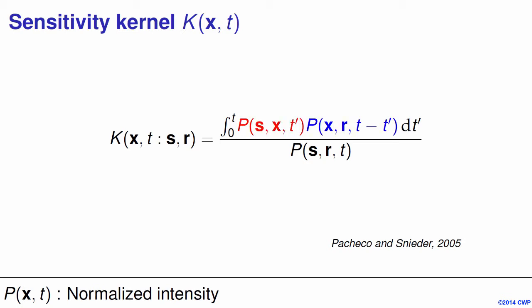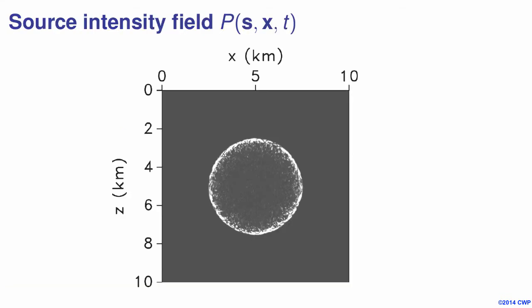It turns out that the numerator involves the convolution of the scattered intensity generated at the source location with the intensity generated at the receiver location. They will normalize it by the intensity from the source to the receiver location. Here's an example of a scattered intensity we generate with a simple model.